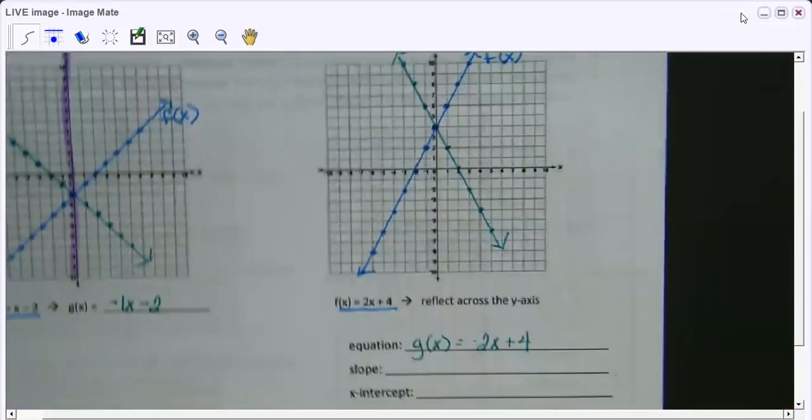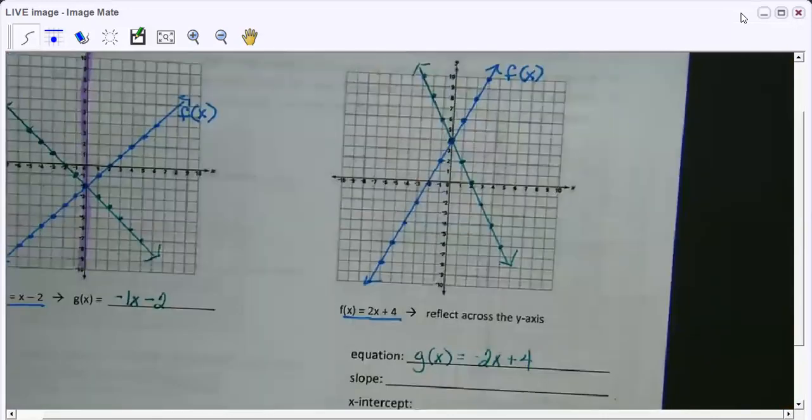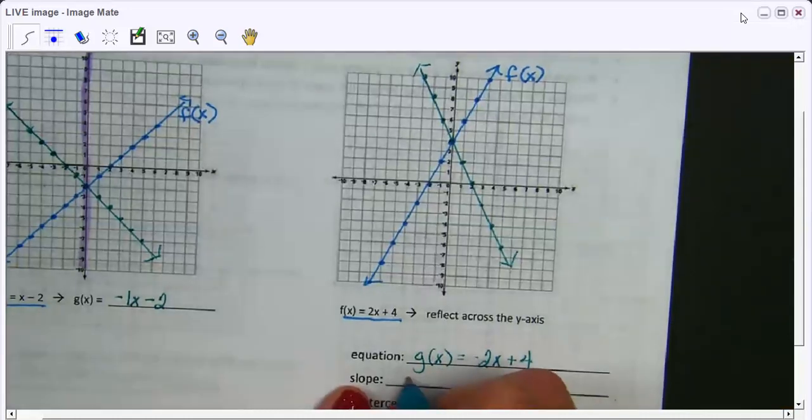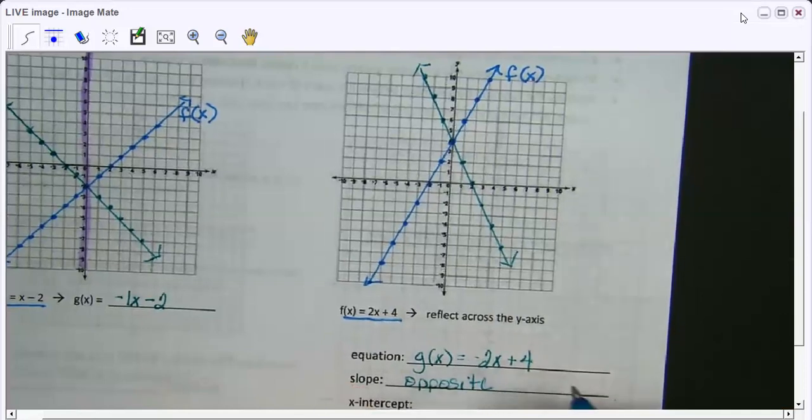I want you to go ahead and do the example. Oh, wait, we didn't fill this out. So our slope is the opposite. Our x-intercept changes, it is the opposite. Oh, I'm running out of ink. And our y-intercept stays the same. Okay.